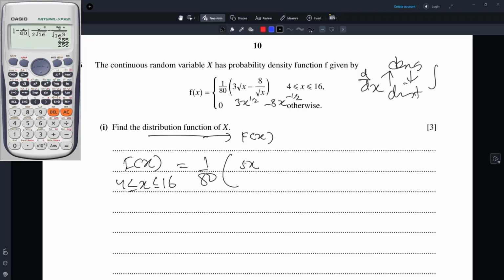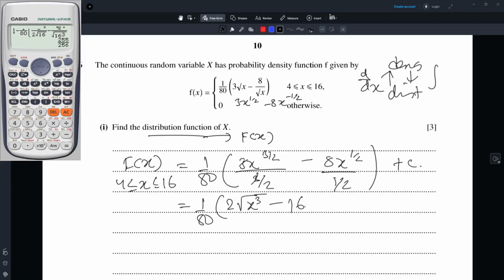So here we have 3x to the power 3 by 2 over 3 by 2, minus 8x to the power half over half, plus c. So we have here 1 by 80, and the 3 gets cancelled, so we have 2 root x cubed minus 16 root x plus c.